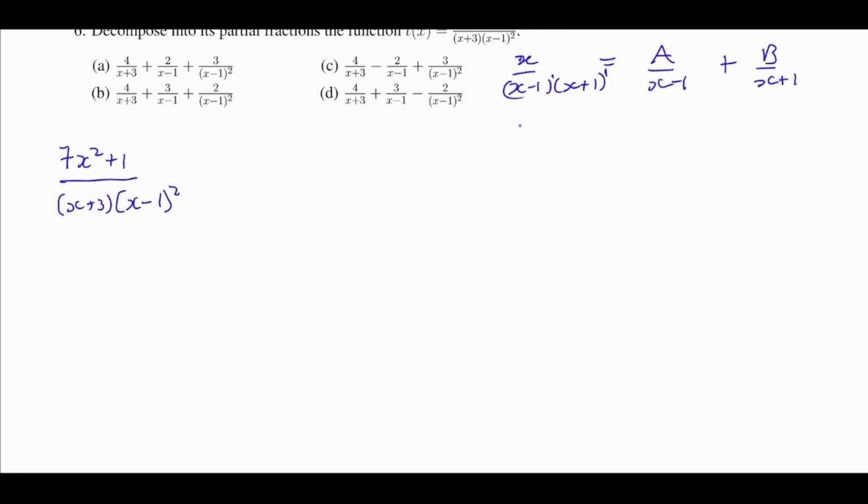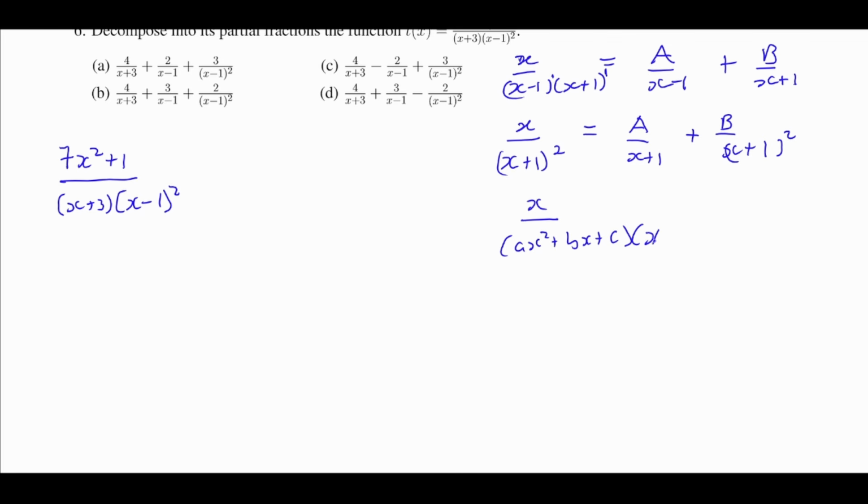Now when it is a repeated factor, for instance, if you have x over x plus 1 squared, then this is how you go about it. When you are decomposing, you have A over x plus 1 plus B over x plus 1 squared. And then when we have x over (ax squared plus bx plus c) and then x plus 1, we call it a quadratic factor.